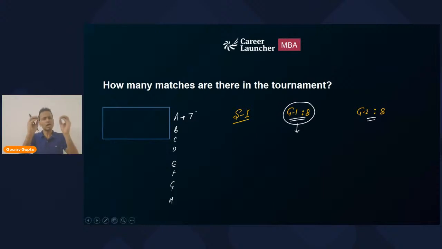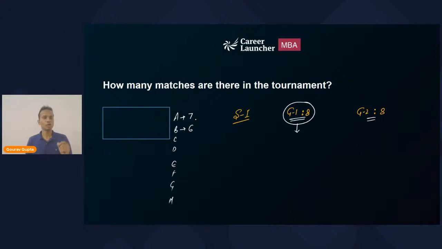Now A has already played all its 7 matches, so A will not play any other match. Now B will play with each of the remaining 6 teams. B has already played with A, right? Between A and B, only one match will happen. So if A has played with B, B will not play with A again.